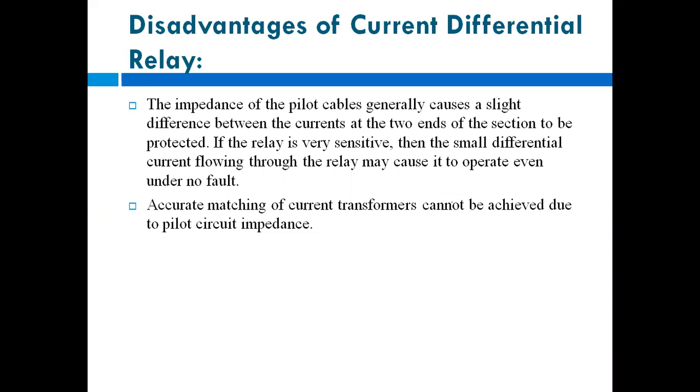But what about the disadvantages? The first disadvantage is that the impedance of the pilot cables generally causes a slight difference between the currents at the two ends of the section to be protected at heavy loads.